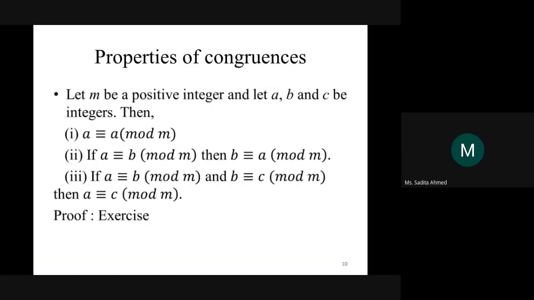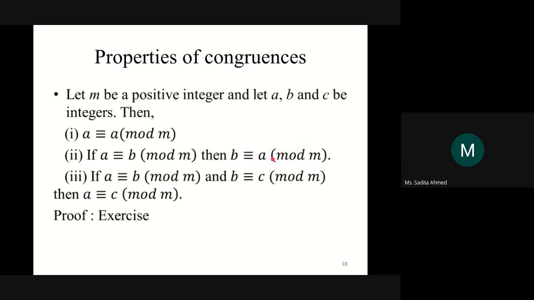Okay, very good. If a minus b is divisible by m and you get an integer in the result, if m can divide a minus b, can it not also divide b minus a? Think about it. Yes, m can divide a minus b, m can also divide b minus a. And that is what this is saying, is it not? That b minus a is also divisible by m.